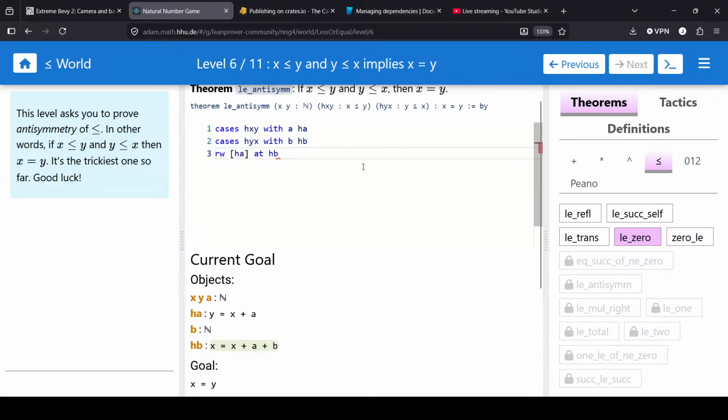I don't know if I want that. Also, this just feels like it's leading towards just like x equals x, which is not very helpful.